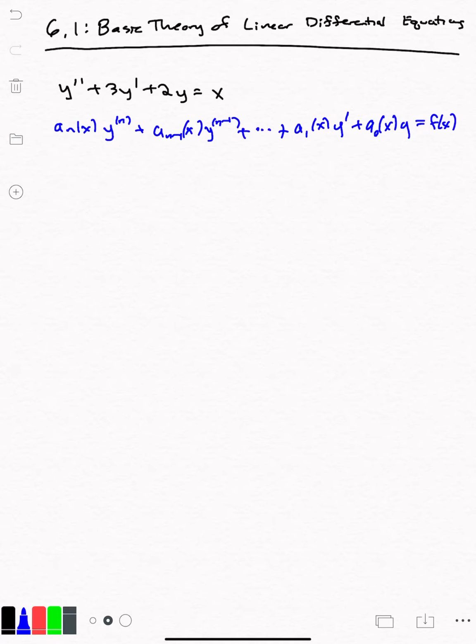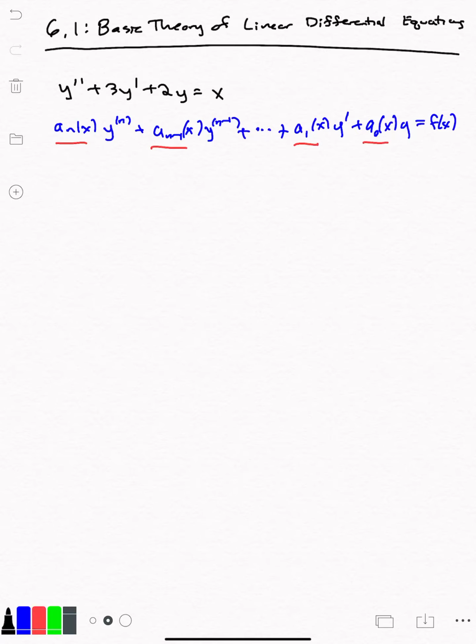So this was the standard form of a linear differential equation of nth order. And the only ones we really solved were second order or third order, and specifically where all of these coefficients were constants. But you can still look at this as a general theory.